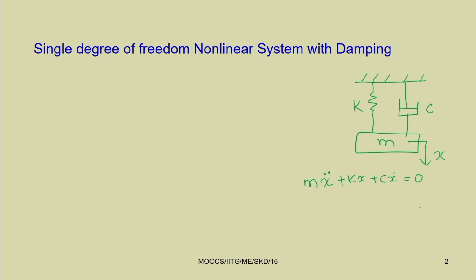So, today's class we are going to see the free vibration response in case of a single degree of freedom system with different types of damping. In this type of damping we are using a damper. The damper is nothing but a cylinder piston arrangement, inside which we have the fluid.